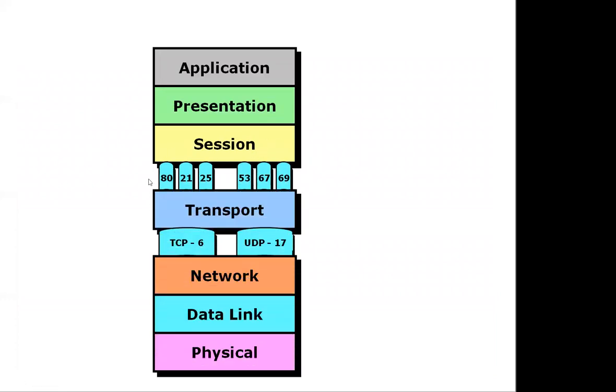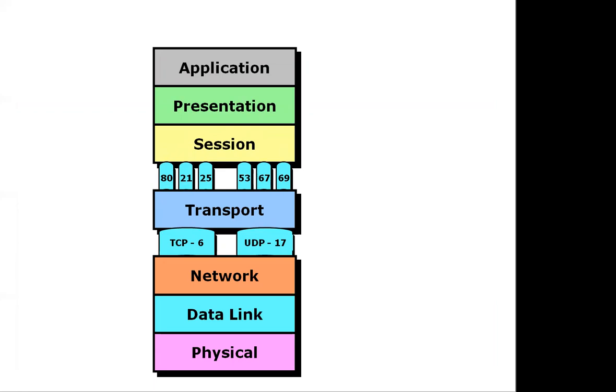This is the example of multiplexing and demultiplexing. The meaning of multiplexing and demultiplexing is one-to-many transfer and many-to-one transfer. So this is the data transfer process.